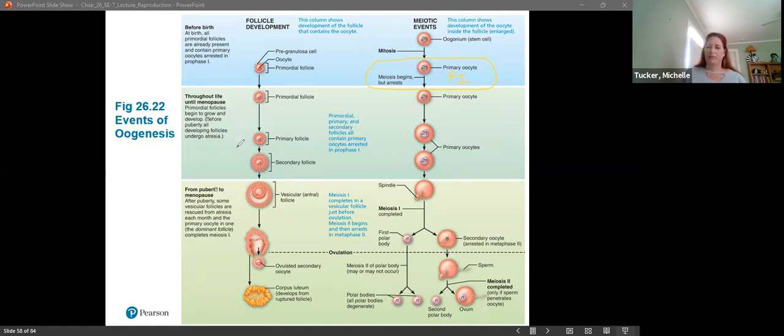Only about 1 out of the 20 that are selected will become the dominant follicle. That follicle will undergo complete meiosis 1 and form a secondary oocyte, but then it stops in metaphase 2. It will not complete meiosis until after fertilization, which I find very weird, but that's how the body works.